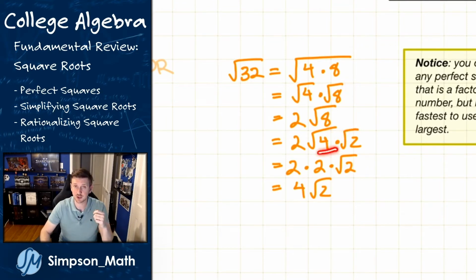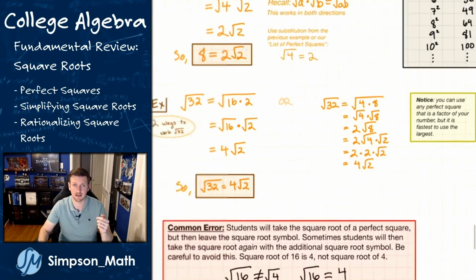So if I know that there are 2 perfect squares inside of 32, I could just multiply those 2 perfect squares together. 4 times 4 is 16. Now, at the end of the day, it doesn't really matter whether you find the largest one or not. Just find any of them, and then keep going. Always evaluate what you have left. Is there another one left inside? If you don't find the largest one, it might take you a few times, or you can backtrack until you find it to help you get there.